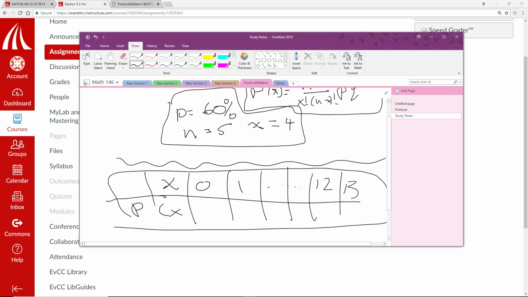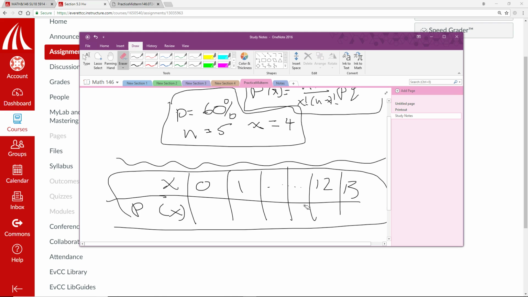Okay, you with me? Actually, I didn't need to cut this off. So we have our random variable, probability of the random variable, and we have exactly 0, exactly 1, exactly 2, exactly 3, dot dot dot, exactly 12, exactly 13.